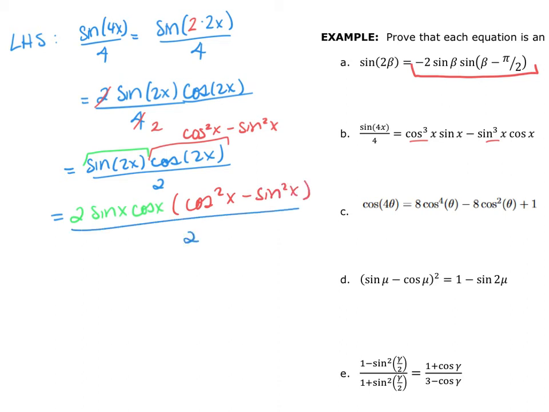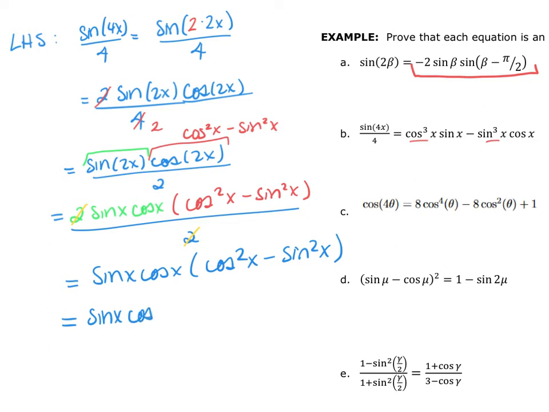Now you can see that my 2's will cancel, leaving me just the sine x cosine x multiplied by the cosine squared x minus the sine squared x. When I distribute this through, I'm going to get the sine of x cosine cubed x minus the sine cubed x, the cosine of x, which is equal to the right-hand side.